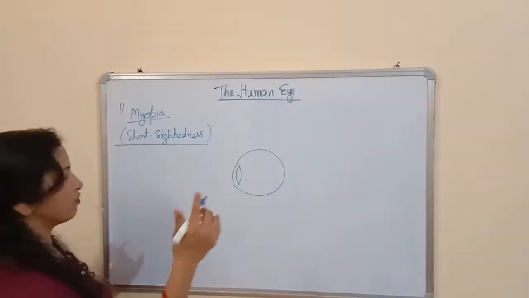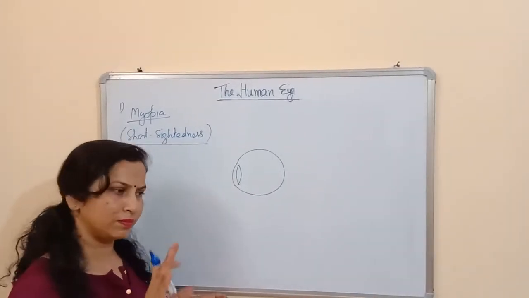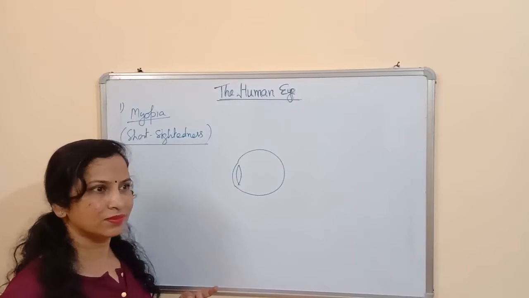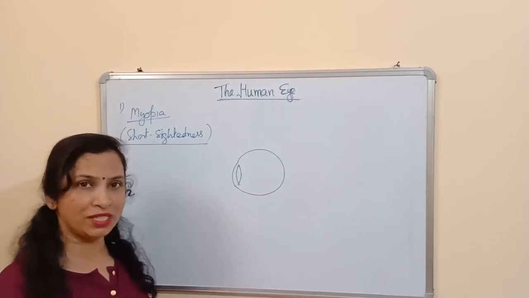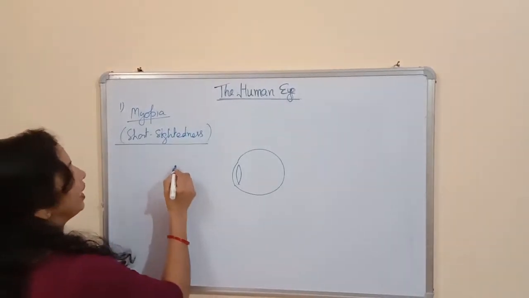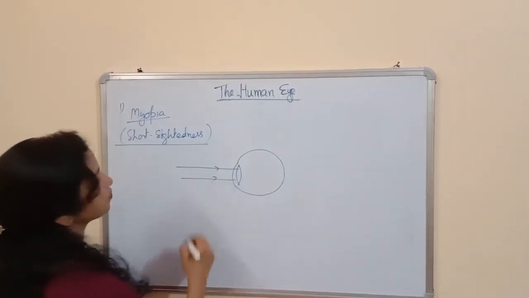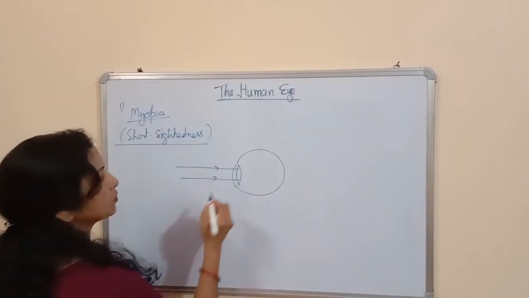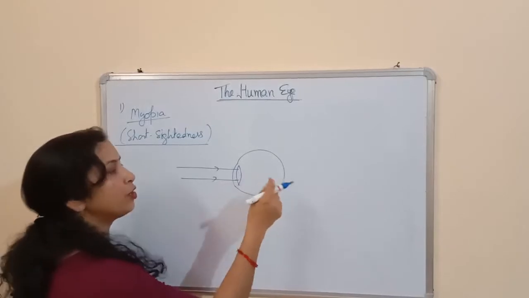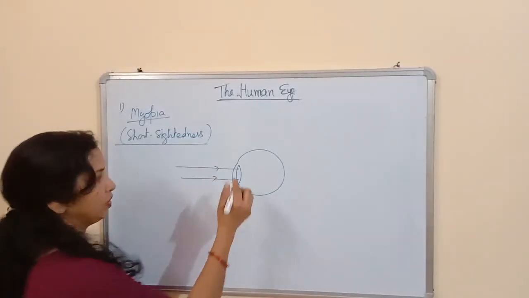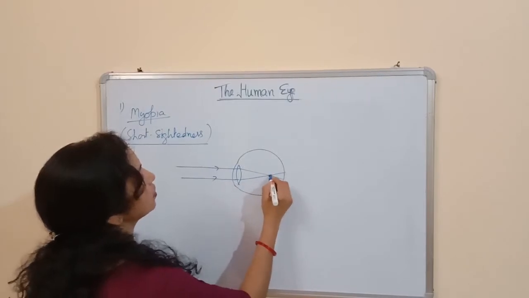A far object means the distance of the object from us can be a few meters or kilometers. So the light coming from the far object is parallel. And what happens in the case of myopia? These light rays do not meet at the retina. They meet before the retina, like this.